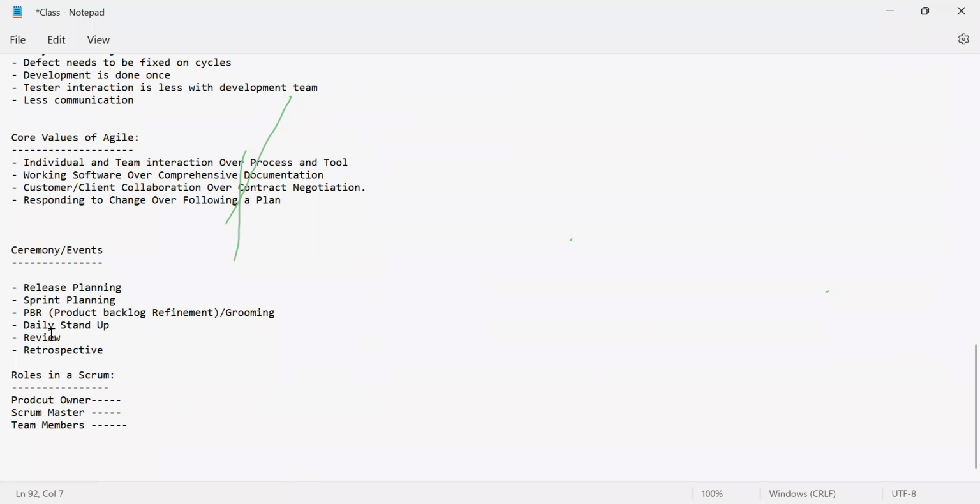So as a Scrum Master, it is the Scrum Master's duty to stop or to end those impediments. All these meetings should be conducted by the Scrum Master.